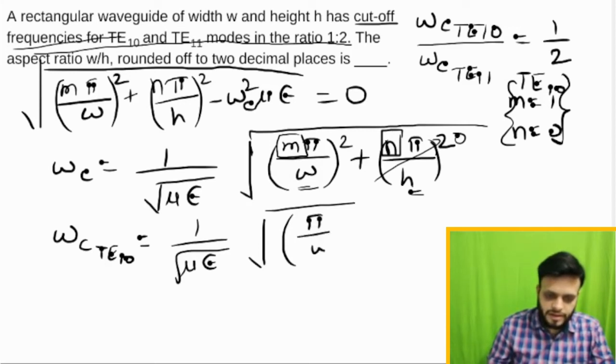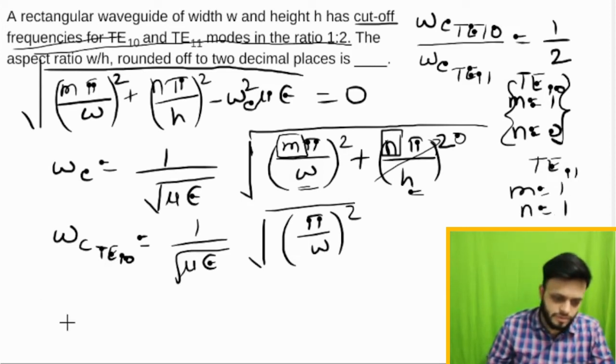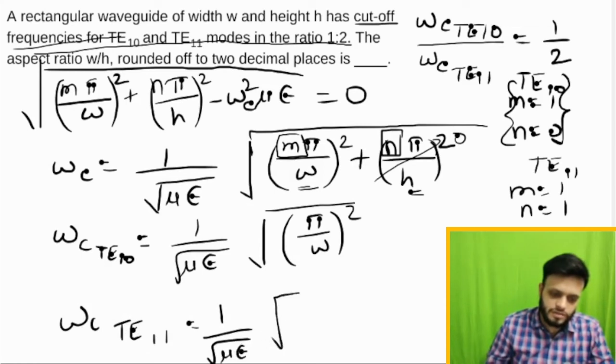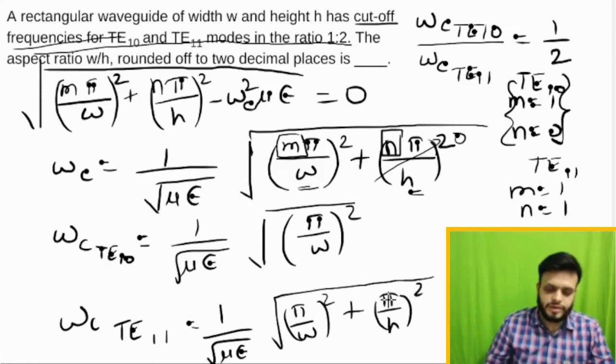And similarly for TE11 mode, the value of m is 1 and the value of n is also 1. So omega c for TE11 is equal to 1 over square root of mu epsilon times square root of (pi by w) whole square plus (pi by h) whole square.